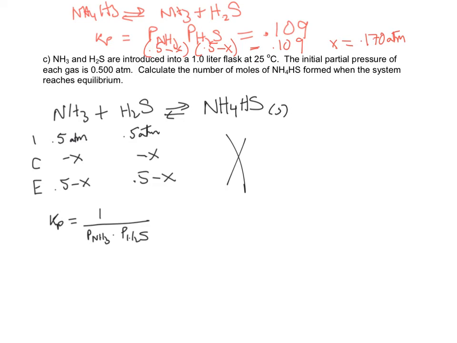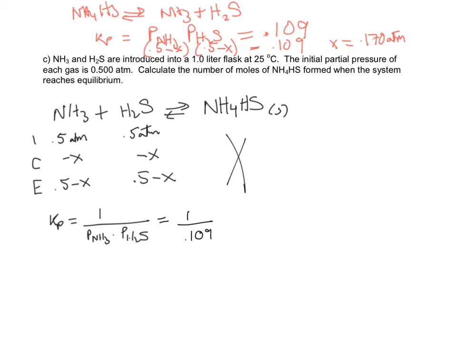Or you can look at the equation that we have, this one, which is the reverse of that one. And so Kp for this reaction is the reverse or 1 over Kp for this reaction. So that is equal to 1 over 0.109.